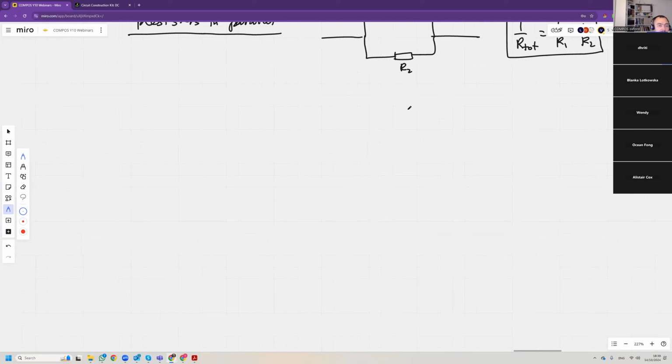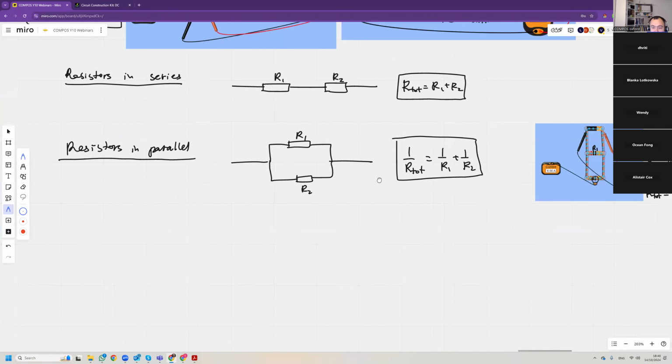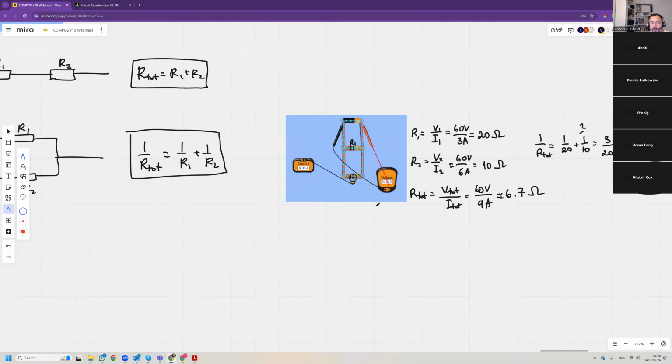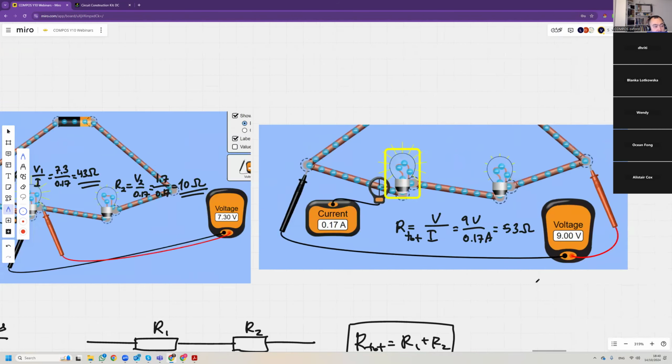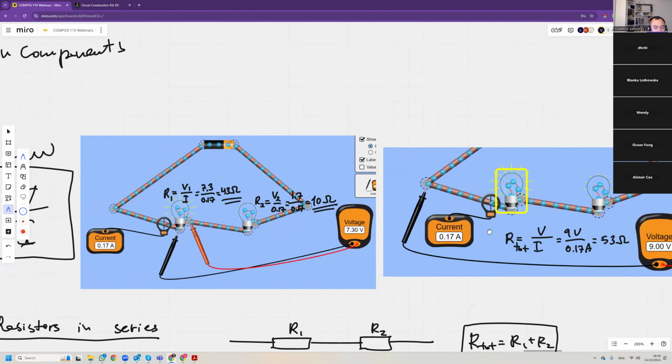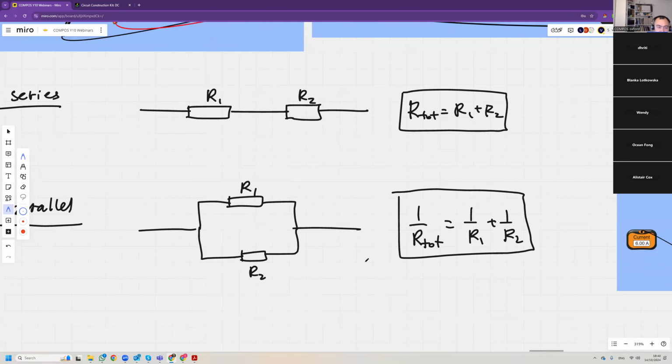Okay, so we have this formula for resistors in series and resistors in parallel. The interesting thing is the total resistance in series is always bigger, and resistors in parallel always smaller.